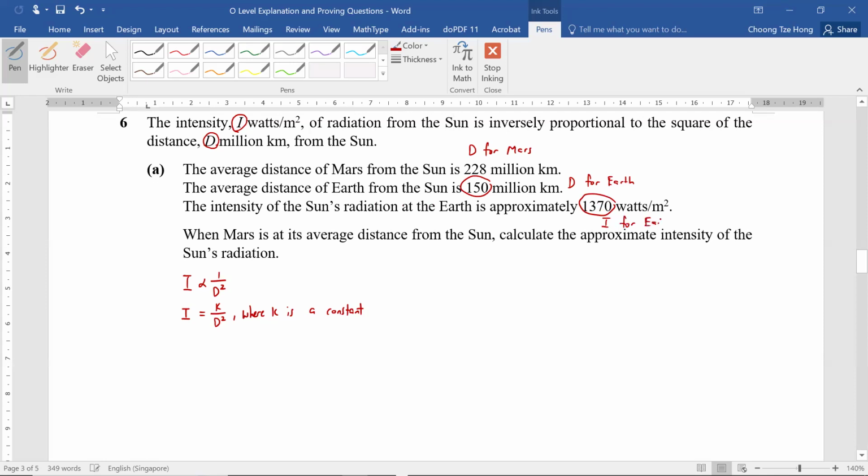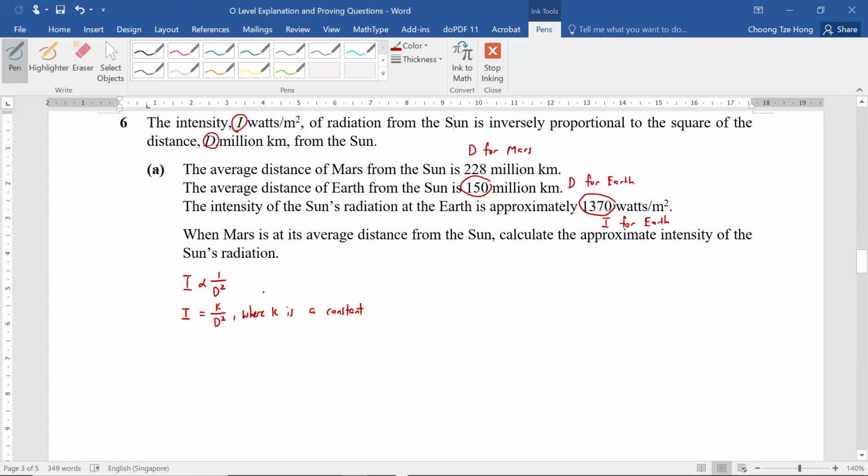Using this pair of values, D equals 150 and I equals 1370, we will be able to calculate the value of the constant K. Once we know K, they give us the distance D for Mars, and we can calculate the intensity of the sun's radiation at Mars, which is what they want us to do.